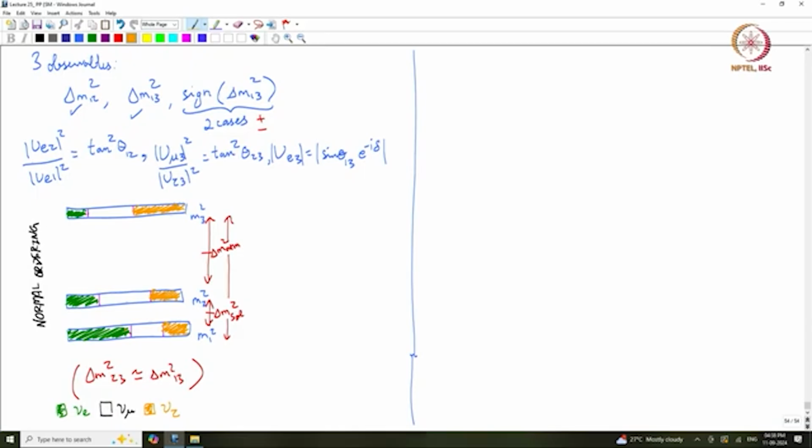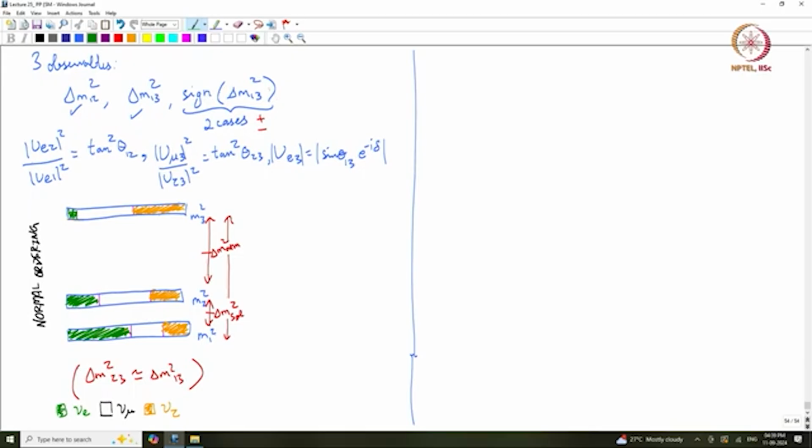So that is the meaning of this. To be a little more exact, I should have actually shaded a very small region, that is the region I should have shaded.